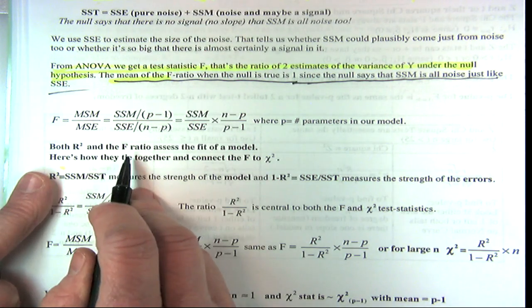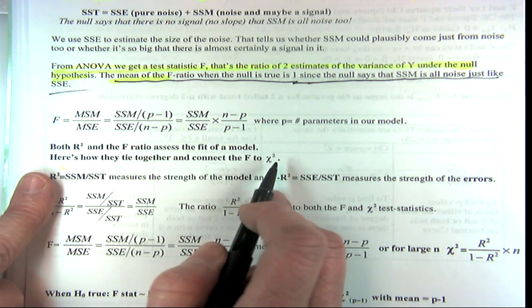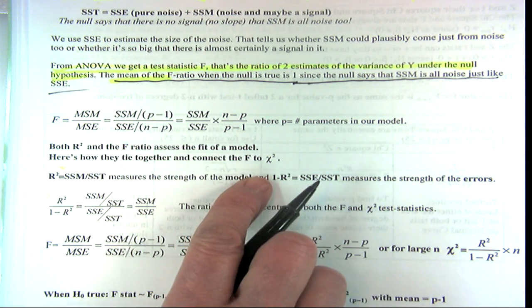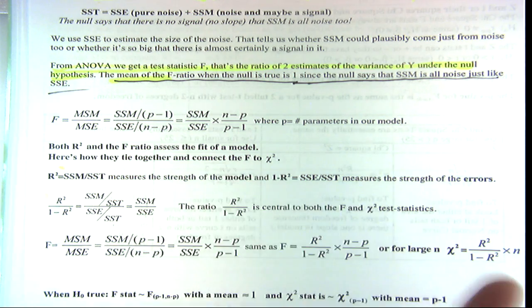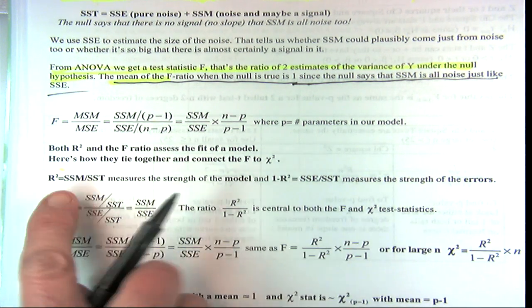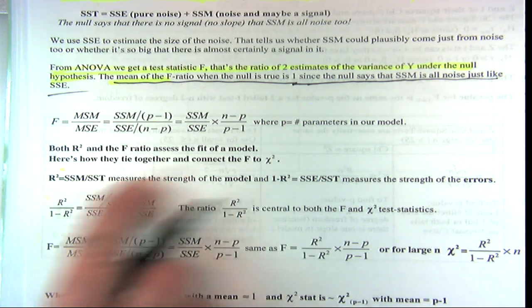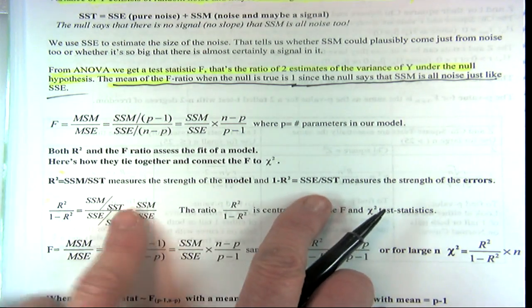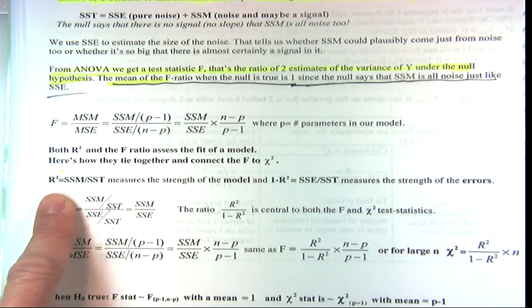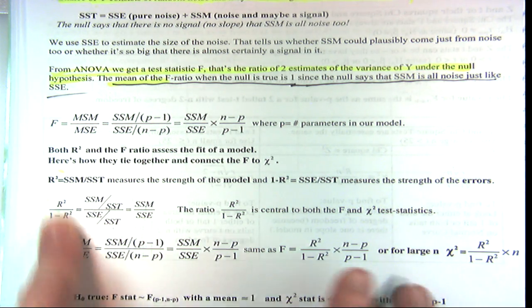Now, both R squared and F assess the fit of a model. And here's how they're related, and how they connect to chi-squared. This is what we just talked about. This measures the strength of the model. This R squared is the correlation coefficient squared, so it's like little r squared for simple regression.